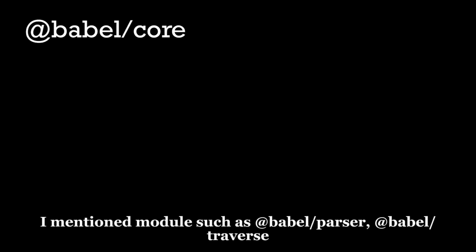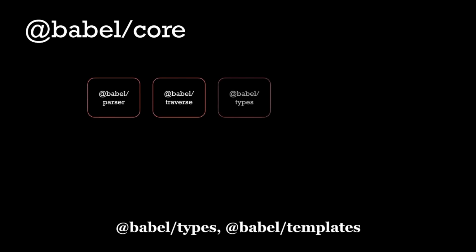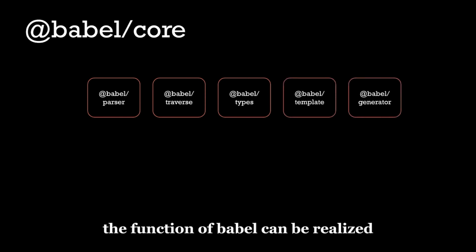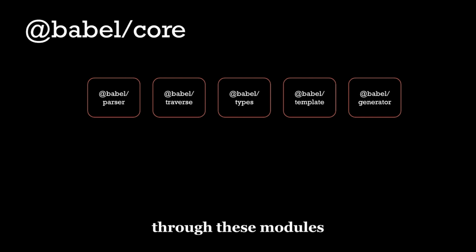So lastly, we have come to Babel core. I mentioned modules such as Babel parser, Babel traverse, Babel types, Babel templates, Babel generator, etc. The function of Babel can be realized through these modules.